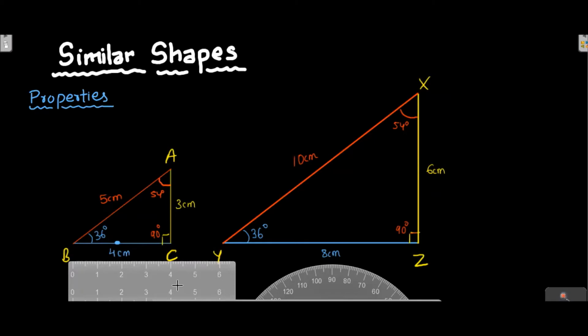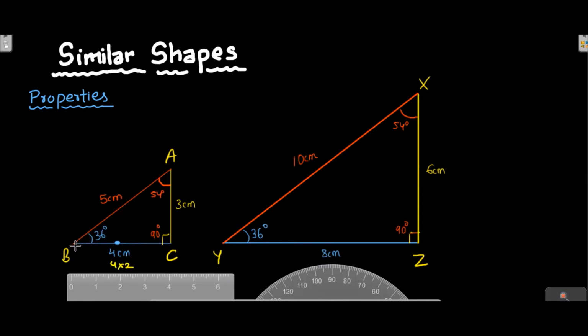Let's check this using a ruler. You can see here BC is 4 centimeters and YZ is 8 centimeters. They have a link with each other. If you double this 4, you will get 8, so 4 multiplied by 2 is 8 centimeters.